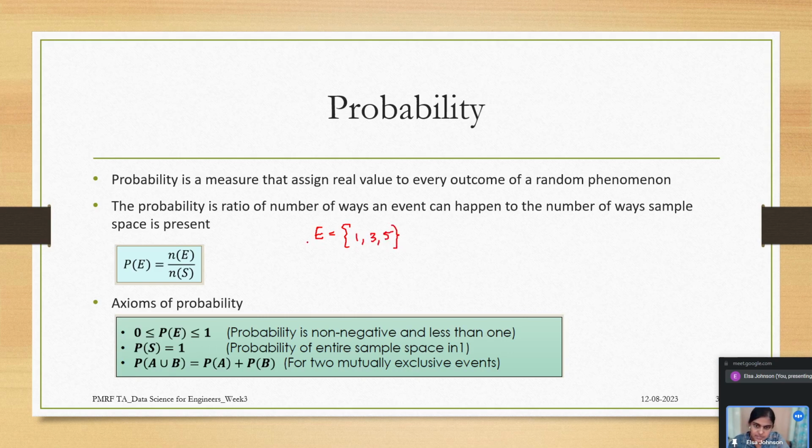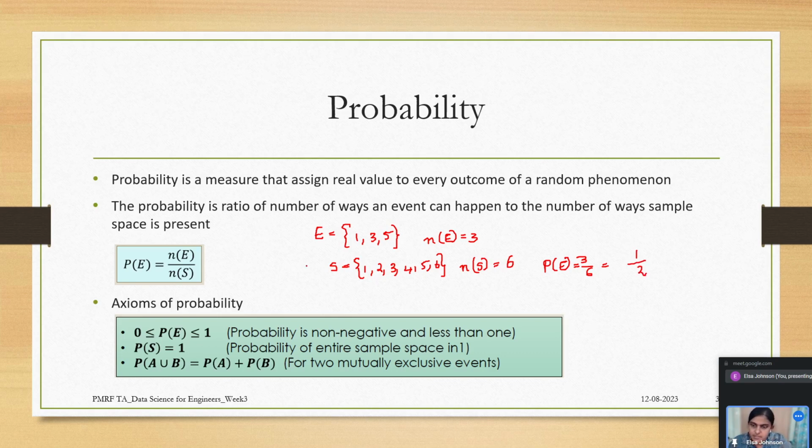So n(E), the number of outcomes in E, will be 3, and the sample space, as you have seen in the previous slide, is {1, 2, 3, 4, 5, 6}, so n(S) equals 6. So the probability of E is 3 divided by 6, that is equal to 1 by 2.